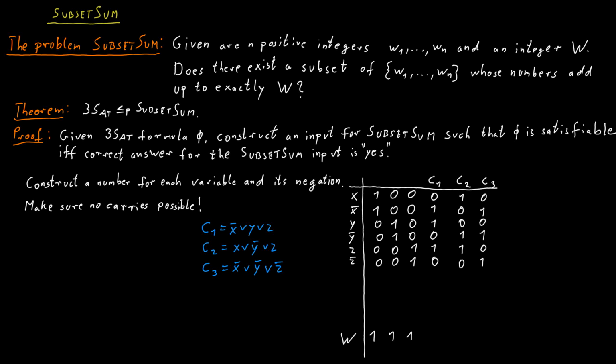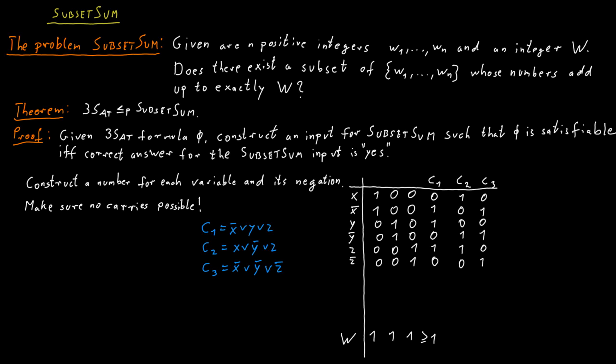So we would ask the first digit to be equal to 1, the second digit equal to 1, and the third digit equal to 1 as we had before. And we would ask for the 4th digit to be at least 1. If we could do this, then this would be easy, right? Because that would ensure that we pick either not x, y, or z.